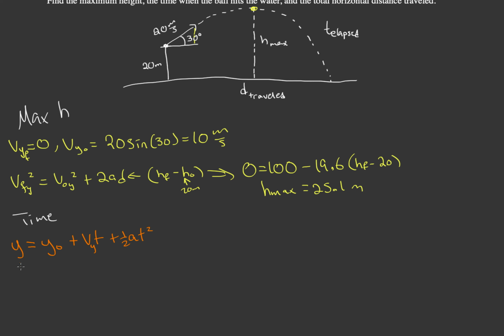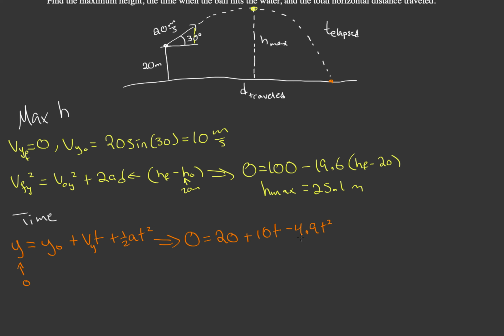So if we set y equal to 0, which is the position we're trying to look for, we get 0 is equal to 20 plus vy times t, so 10t, minus 4.9t squared.